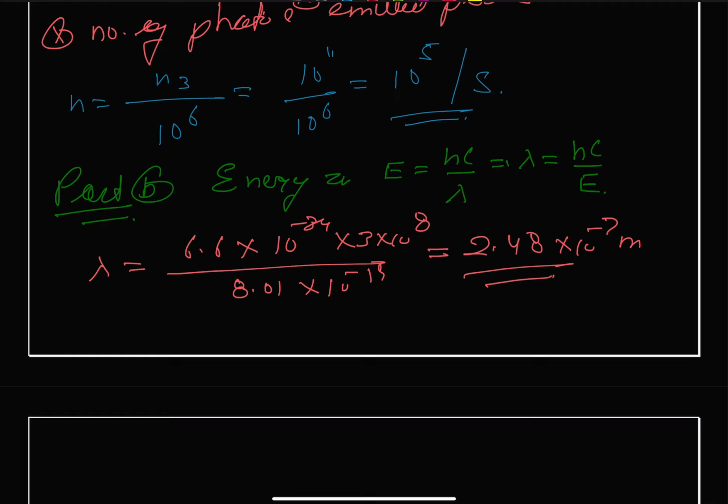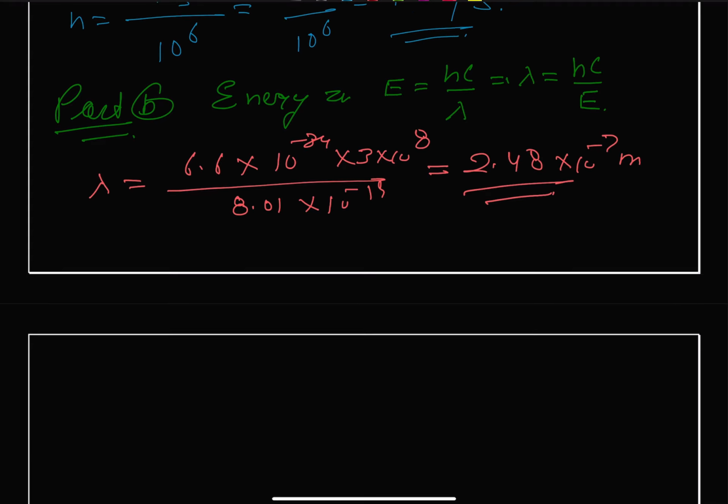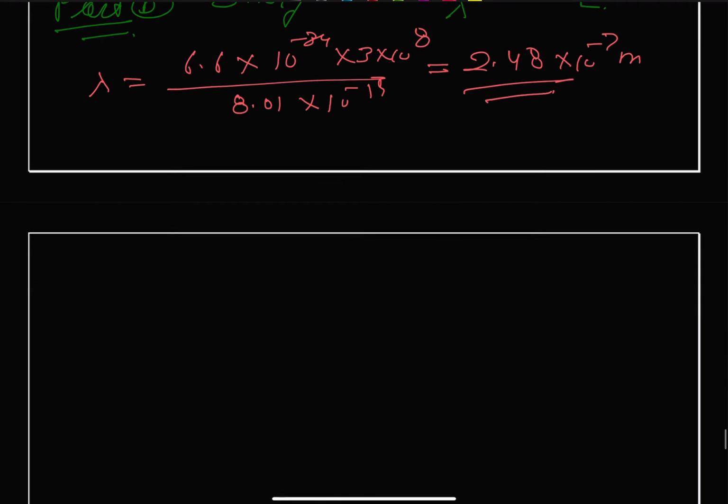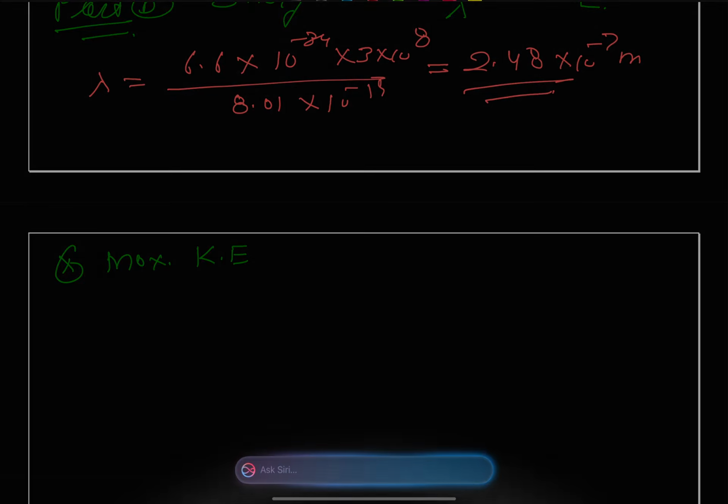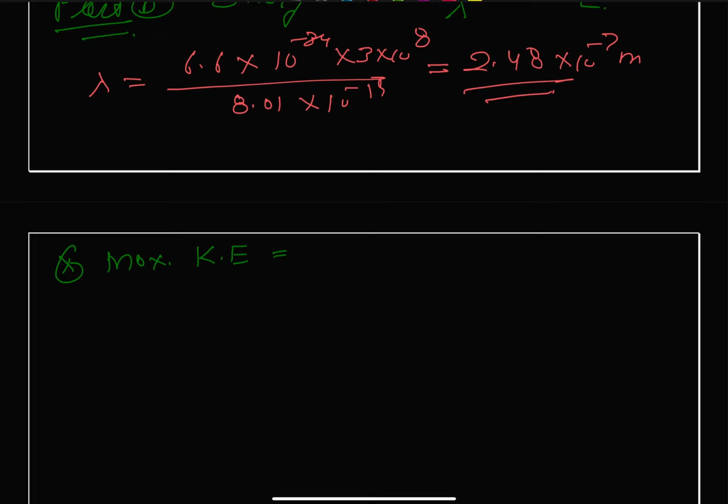And from here we can find out the maximum kinetic energy of the photoelectrons. Let us suppose that is given as K max, which will be equal to energy minus work function.